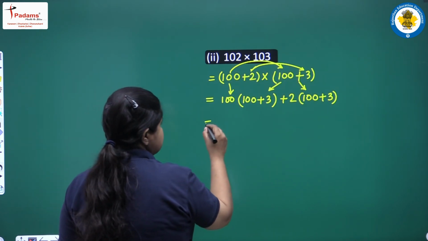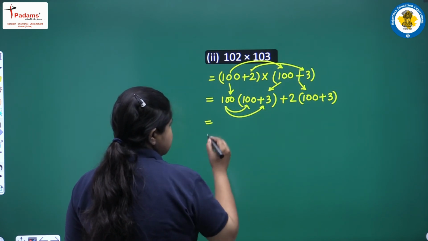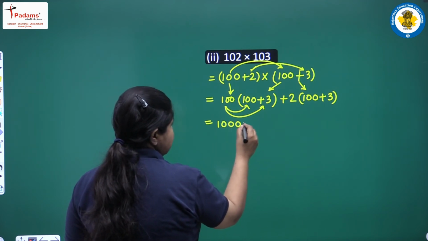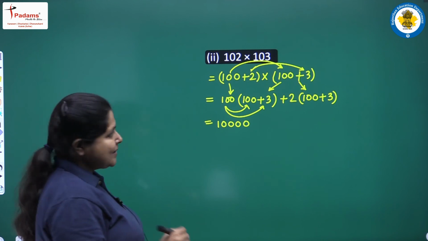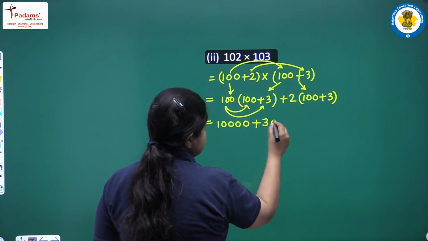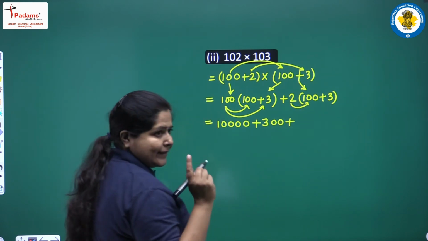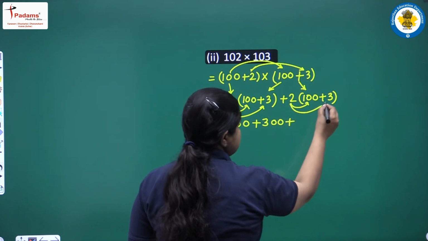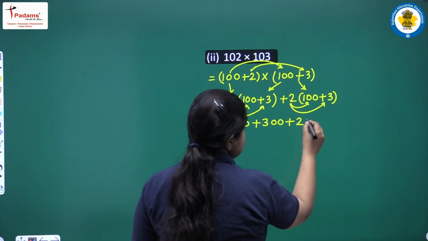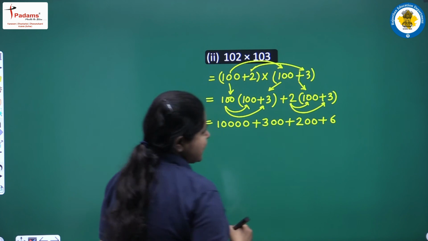Now, again this 100 will be multiplied by this 100 and again by 3. This will give us 100 into 100, 4 zeros, 10,000 plus 100 into 3, it will give us 300 plus this 2 will be multiplied to 100 as well as this 2 will be multiplied by 3. So 2 into 100 will give us 200 plus 2 into 3 will give us 6.